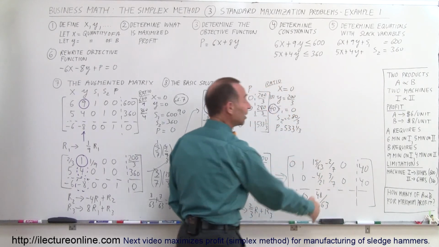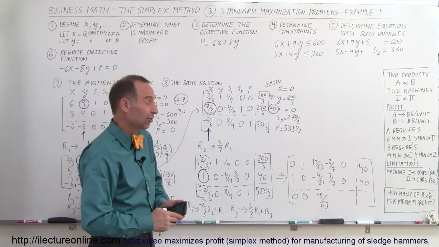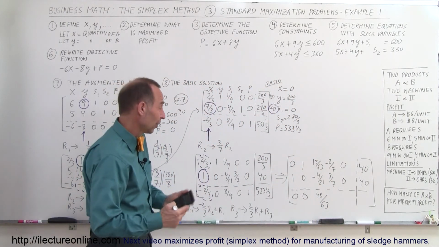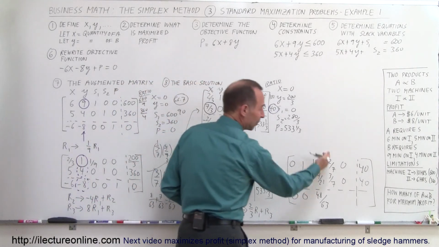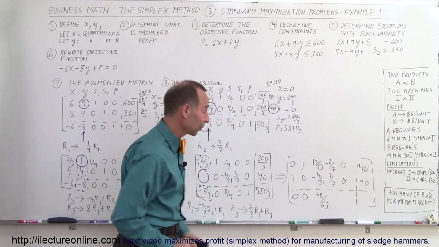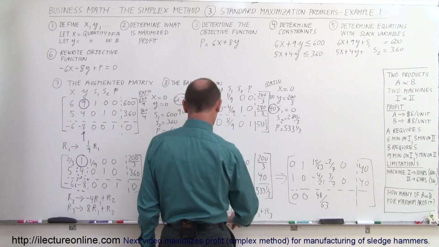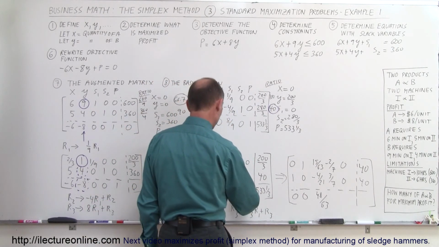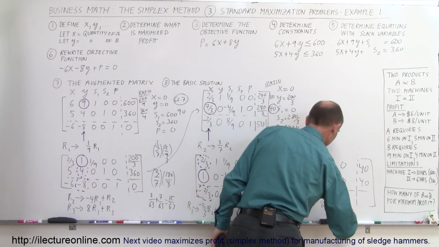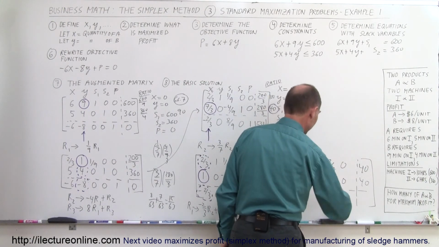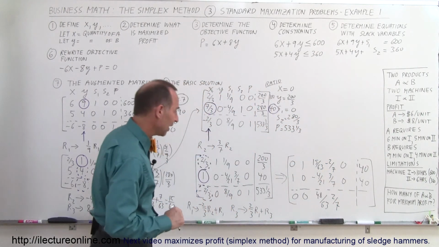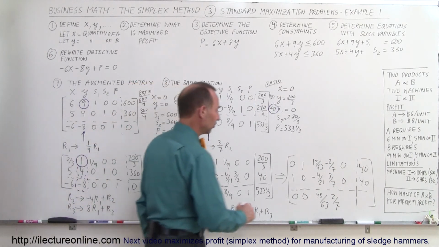And when it comes down to these numbers, since you realize that slack variables don't have any value anyway, even if you make a mistake here, it doesn't really matter because we don't care. Here, this will not remain at 0 because 2/3 times this will be 2/7. But again, you notice that the slack variables no longer have a value. They're now gone to 0. This will still be a 1.